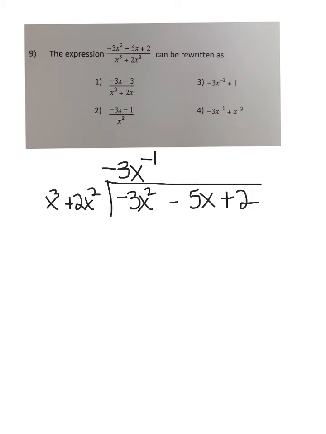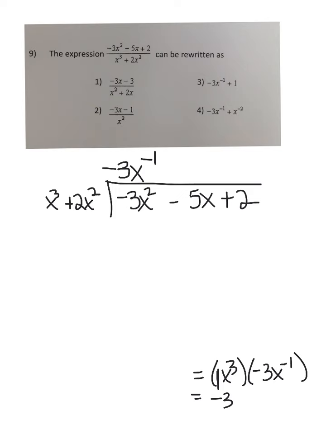Okay? And let's just kind of think back for a moment, if you will. If I had x cubed and I multiply that by negative 3x to the negative first power, I'm just showing you off to the side, okay? And what I'm showing you is I'm multiplying this by this, okay? If I do that, I technically have a 1 here, so obviously 1 times negative 3 is negative 3. And think about what we're supposed to do when I have x to the third and x to the negative first. We have the same base.